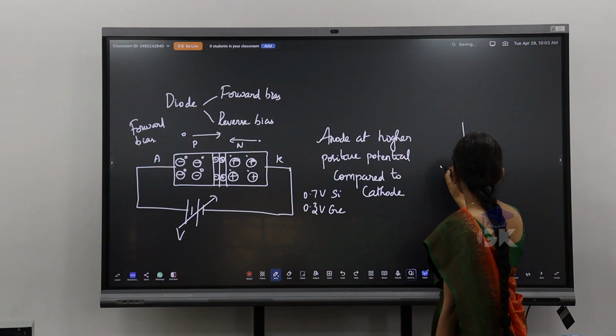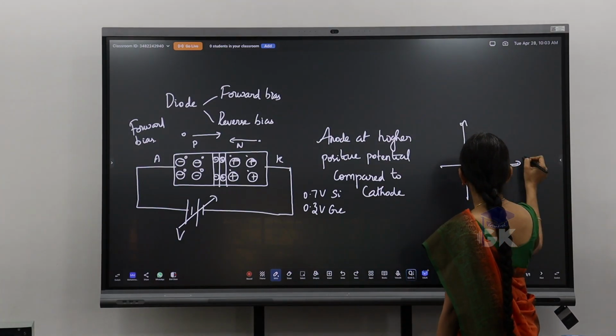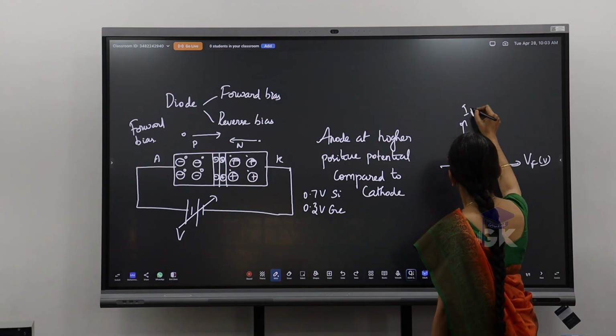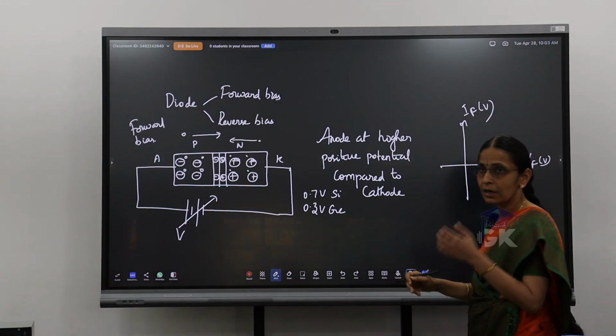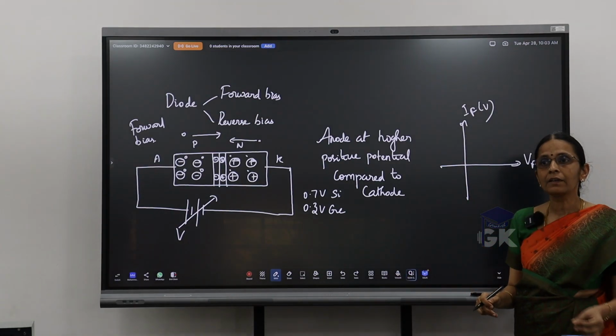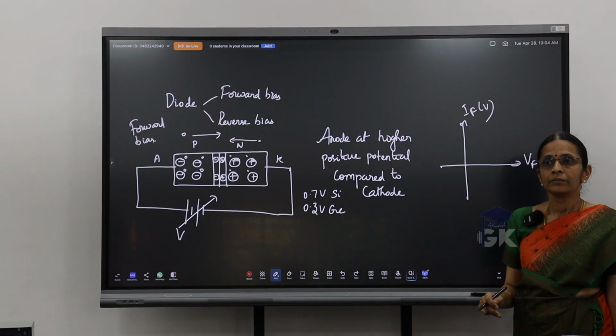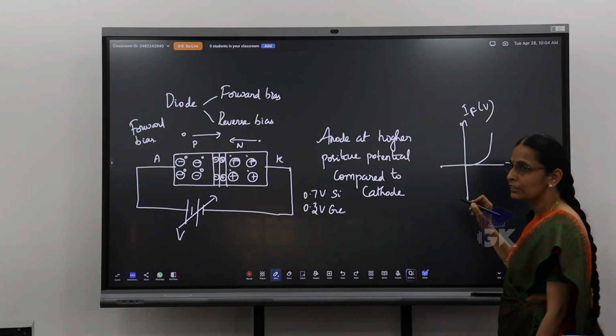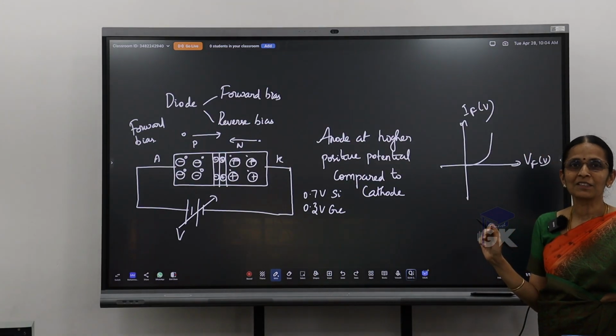So how will be the characteristics? If I draw the forward characteristics, let's say I put this as forward voltage and then the forward current. How will be the characteristics? Saturation. Why is saturation and all coming into the picture here?